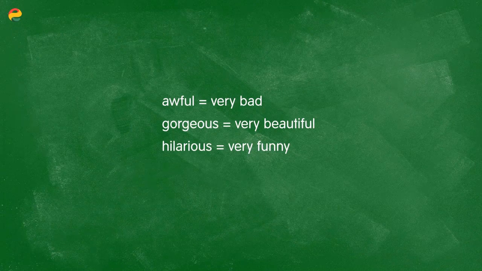For example, the word awful. We normally explain awful as being very bad. Or the word gorgeous. It's not just beautiful, it's very beautiful. Or the word hilarious. It's not just funny, it's very, very funny.